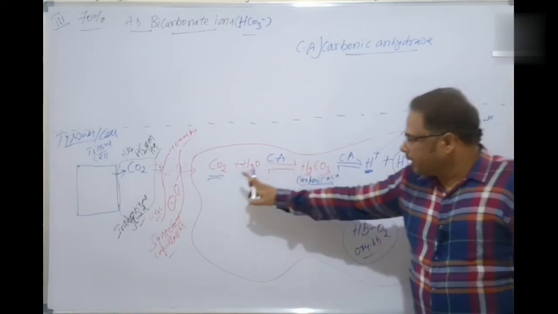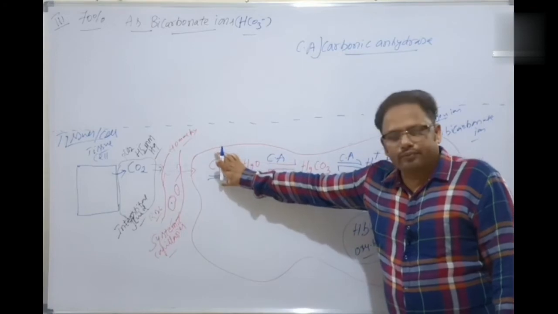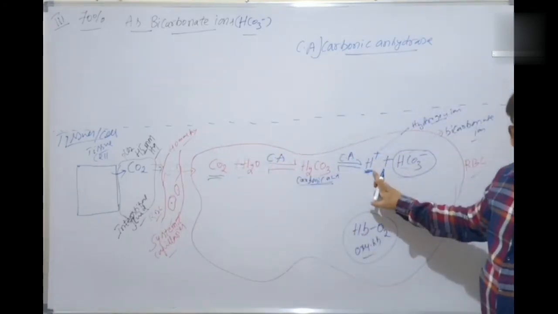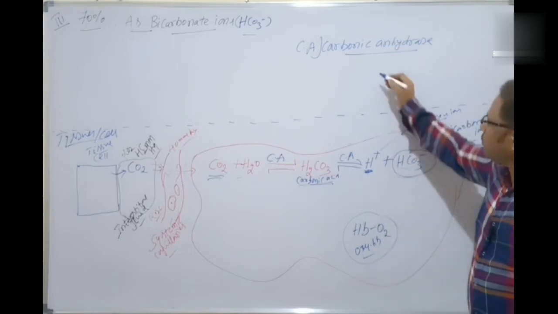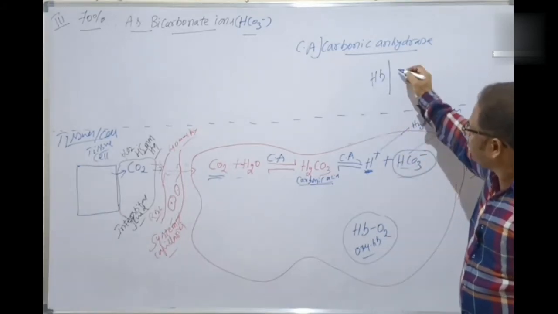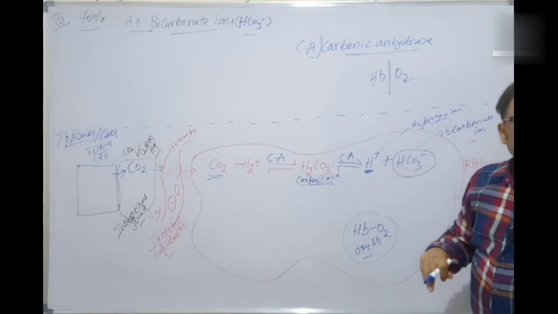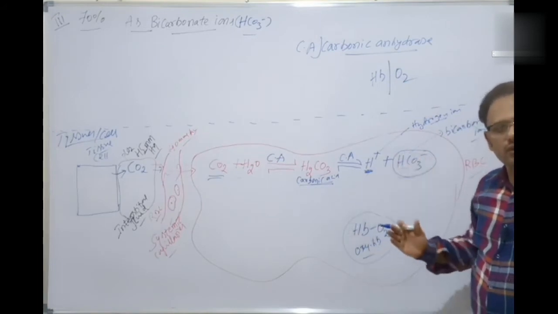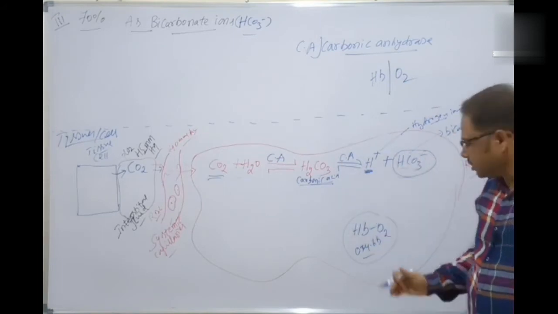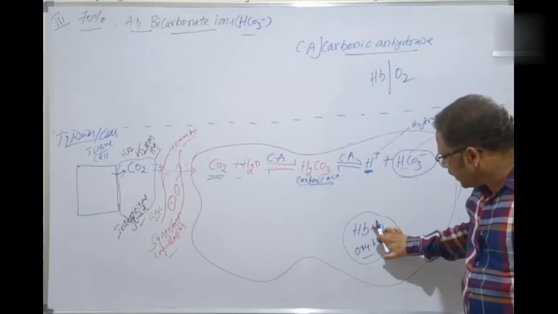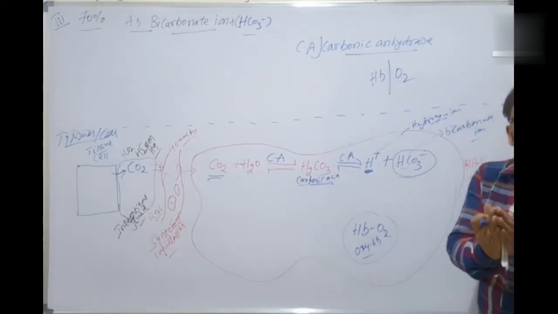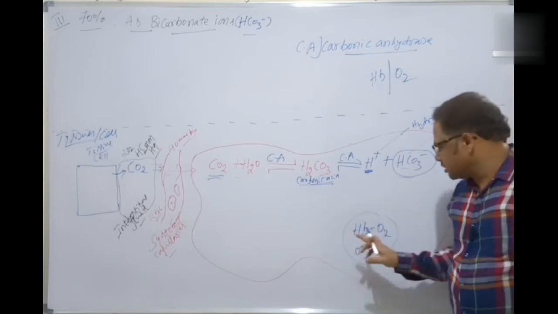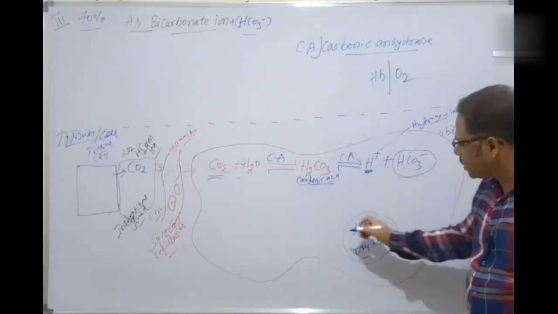That is, hemoglobin gets dissociated from oxygen. The oxygen dissociation curve shifts towards the right side. So, as a result, the hemoglobin loses its binding affinity with oxygen, and oxygen is now free.